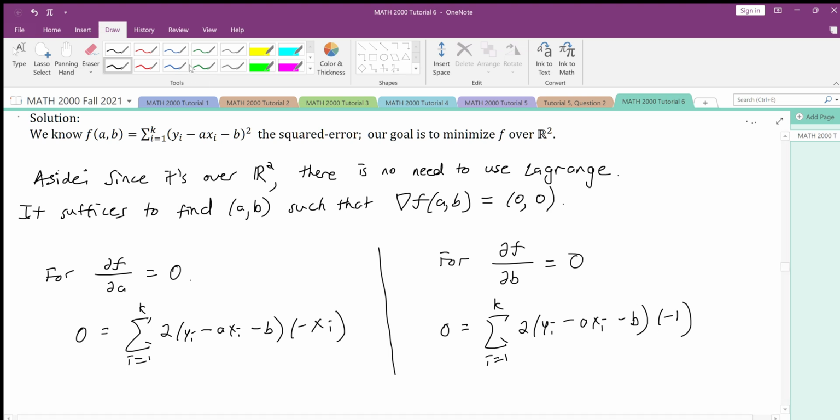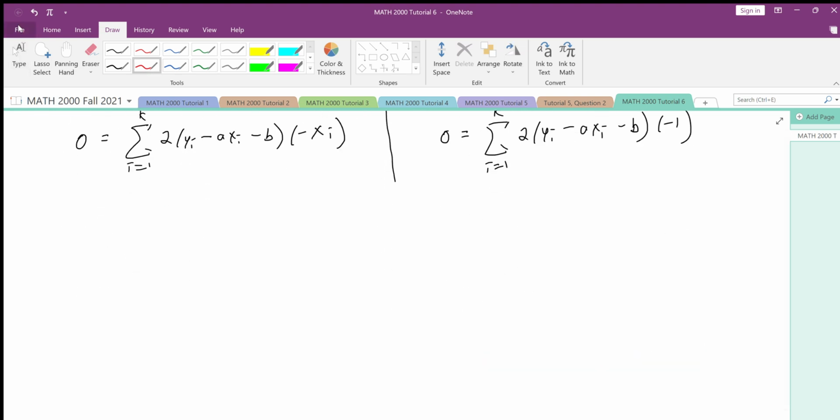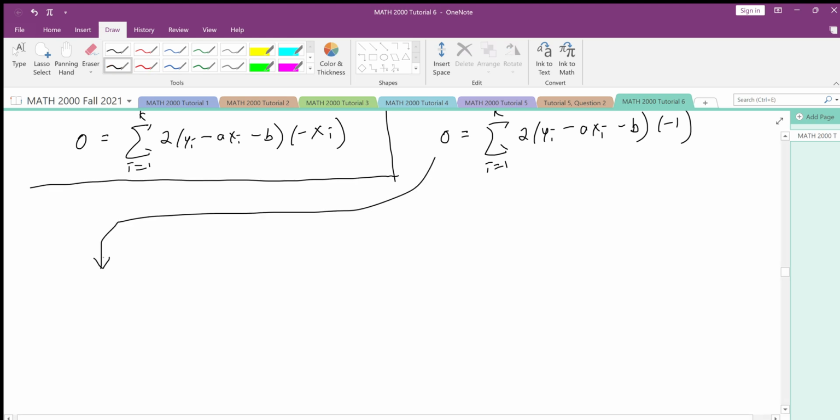So the first thing we'll do is work with this second equation here because this is easier to work with. This one I'll box off for now. This one will be continued down here. So I'll get rid of the 2 and the minus 1. And then you can observe this.